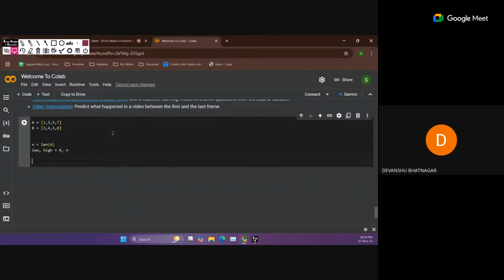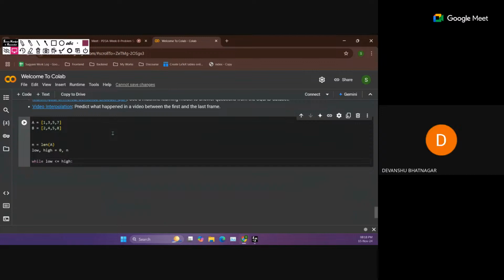Iterative method. Okay, if we go for the iterative method, then how did we search for the element in binary search? We find mid, which is low plus high divided by 2. So that is exactly what will be the condition for the while loop: low should be less than or equal to high, right?